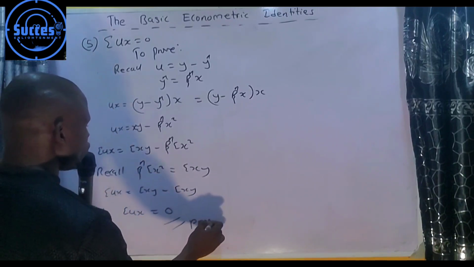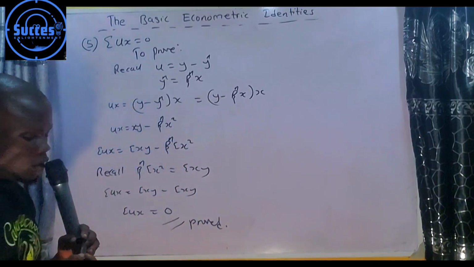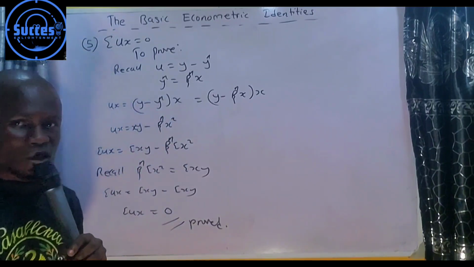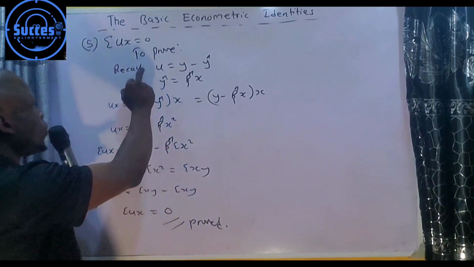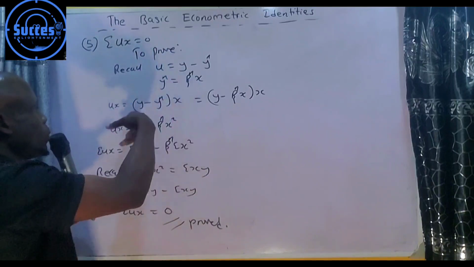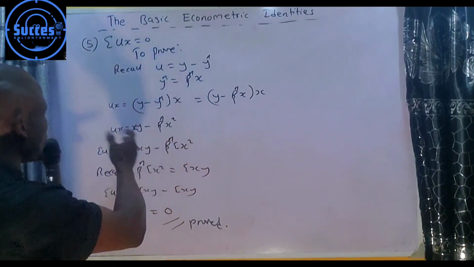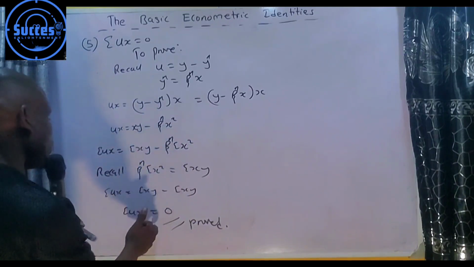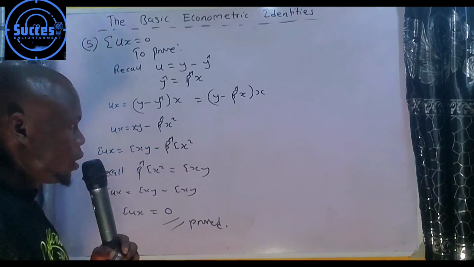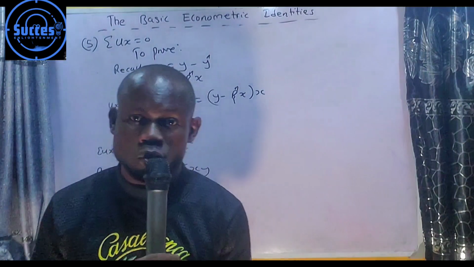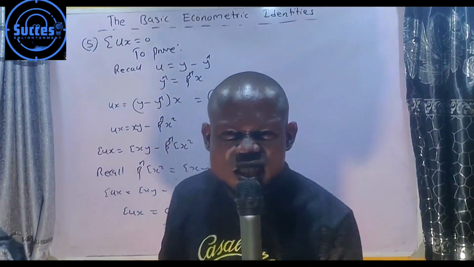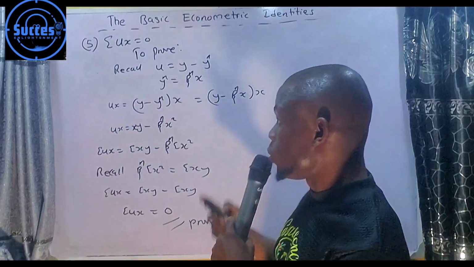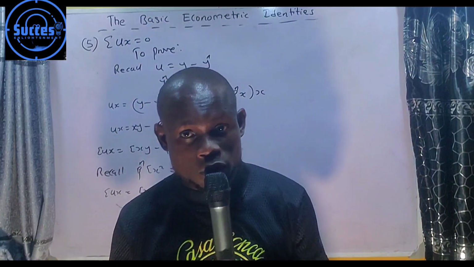This is what we were asked to prove, and we have proved it. This is the proof. Very simple. All you have to do is recall what u is, substitute, open the bracket, then recall what this is. These cancel each other, and we have summation ux equals 0. Very simple and straightforward. So let's get to the next one. We are almost done. This is the fifth. We are almost done.